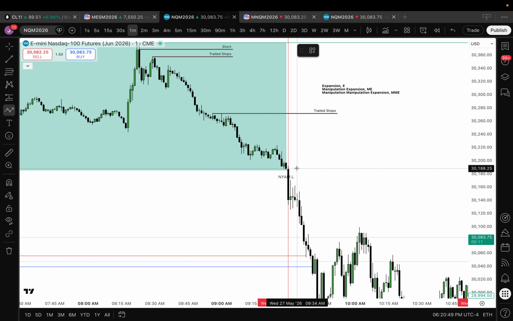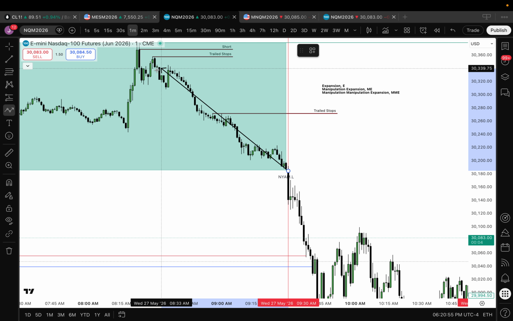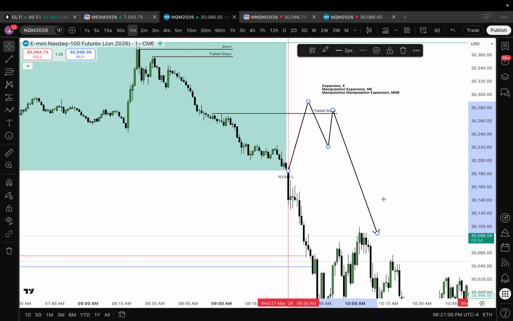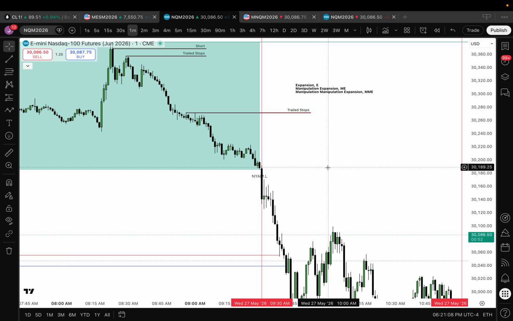I was under the impression that at 9:30 bias was down. So before we went down, smart money, who's short up in here, had to go and sweep out trailed stops right here, and then go down from there, or they could go up higher. But that was what I imagined.